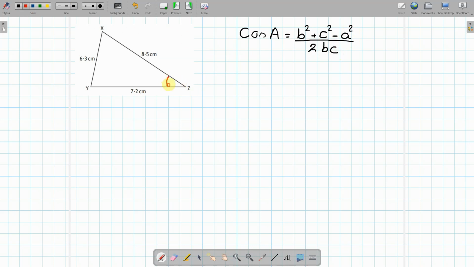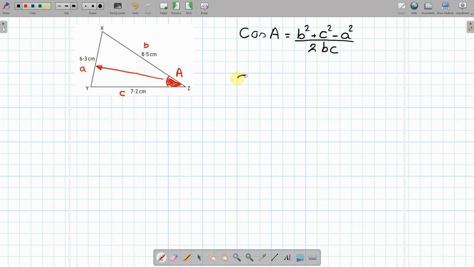Now we're trying to find angle Z. So with the formula that we have here, the angle we're trying to find is capital A. Directly across from the angle, that side will be labelled as small a, because small letters denote lengths and the capital letters denote the angles. Now, the sides 8.5 and 7.2 don't matter if they are b or c, but in this case, we'll call this one b and we'll call this one c.